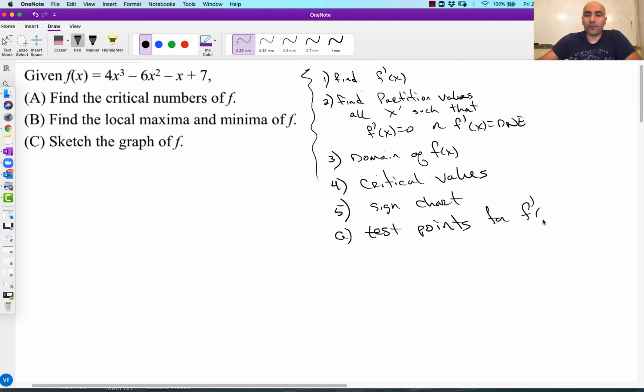For f prime of x, I want to know what's happening to the derivative. When is it positive? When is it negative? Once we have that, then we can use the test points to figure out 7. We can figure out when f of x is increasing and when it is decreasing.